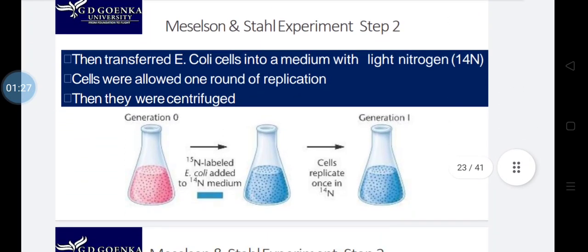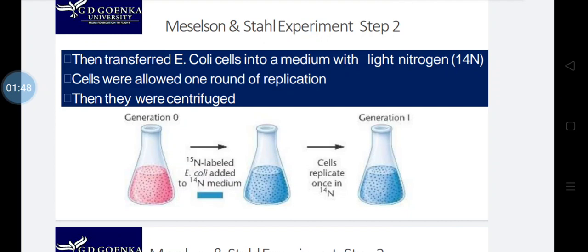Now, Meselson and Stahl experiment, step 2. In step 2, they transferred E. coli cells from the first medium that contained 15N nitrogen to the second medium that contained light nitrogen, that is 14N.